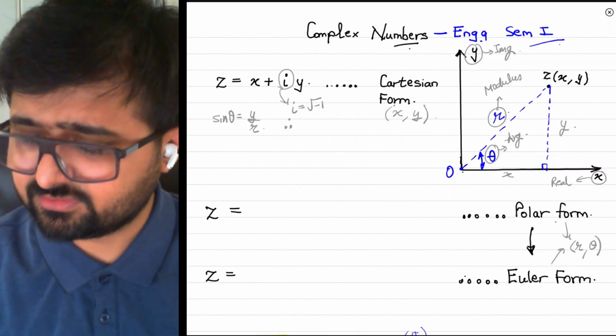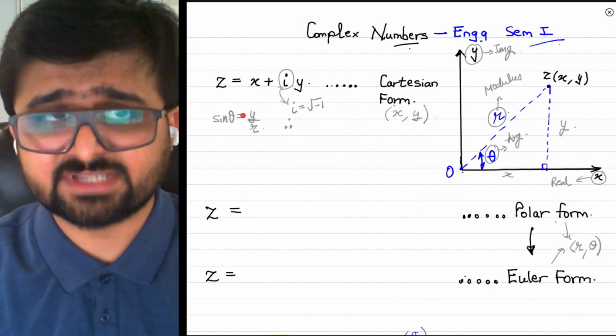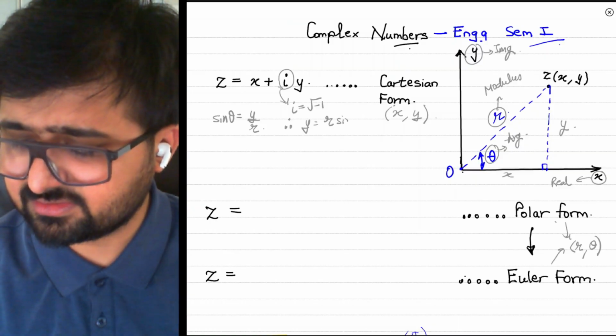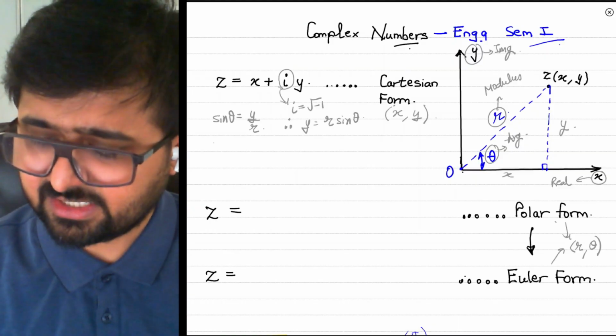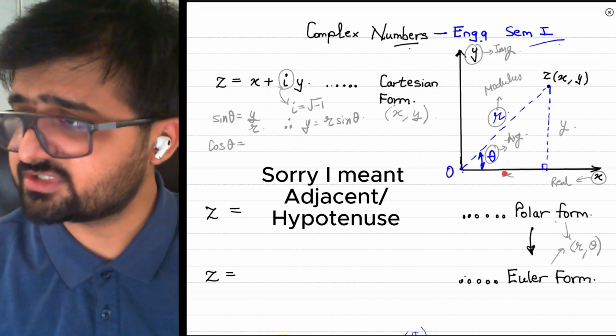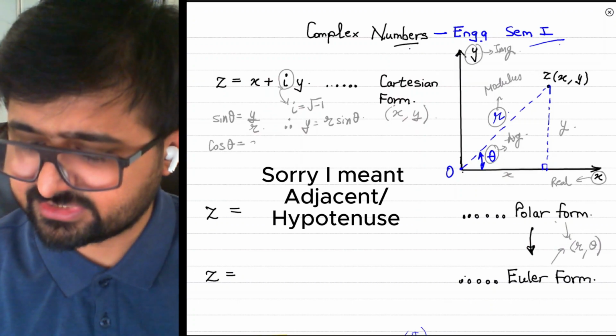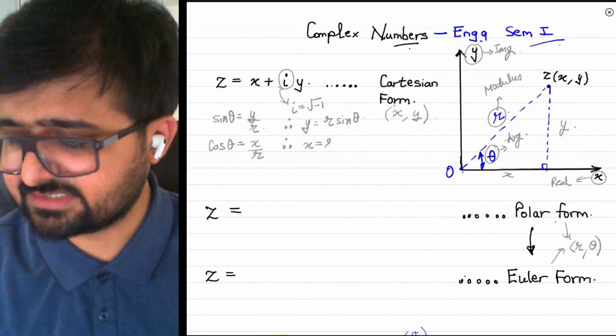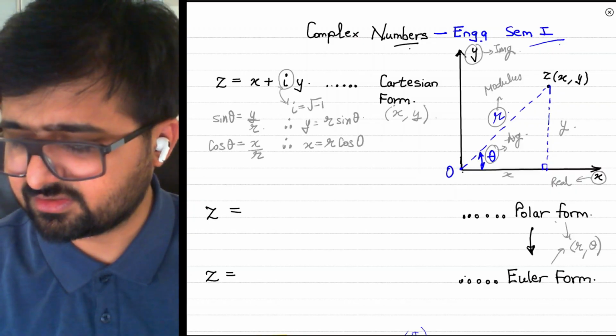So if sine theta is y over r, y is r sine theta. And cos theta is adjacent upon hypotenuse, which is x over r. So that gives you x is r cos theta.